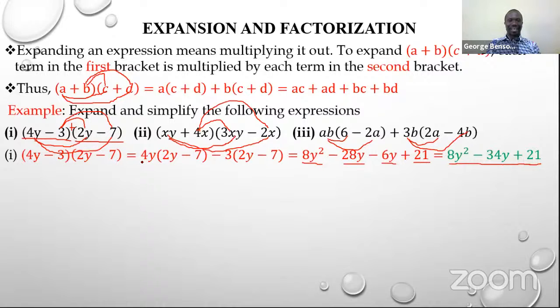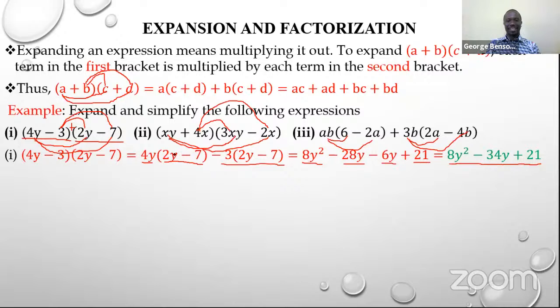That's why I wrote it like this: 4y minus 3 all multiplying 2y minus 7 is equal to 4y multiplying the whole of 2y minus 7, and minus 3 is also multiplying the whole of 2y minus 7.